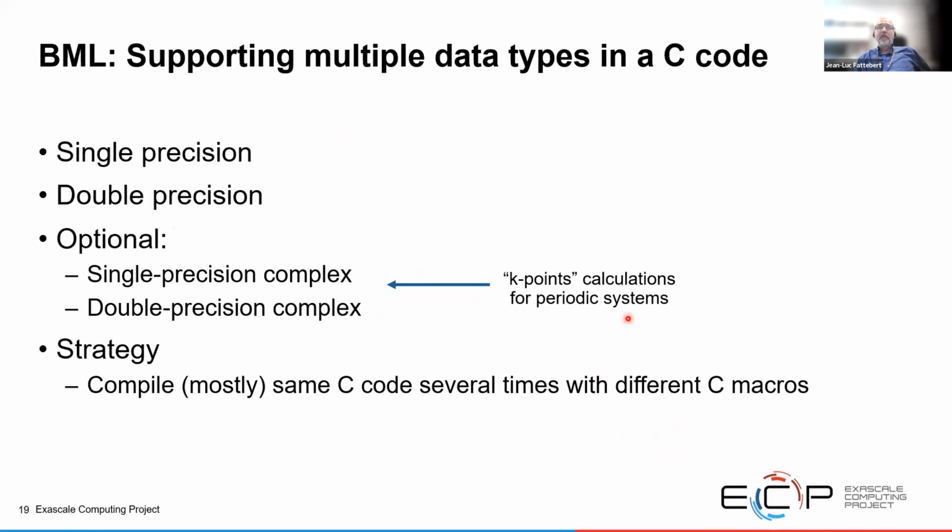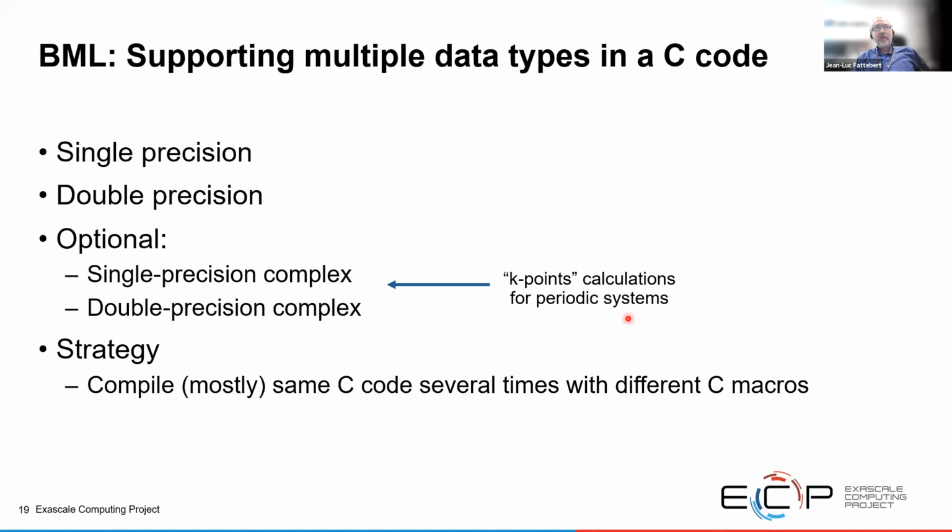In terms of data types that we're supporting in the code, we're supporting single and double precision, as well as single and double complex, which is important for many electronic structure calculations, for periodic systems in particular, so-called K-points calculations that introduce some complex phase.